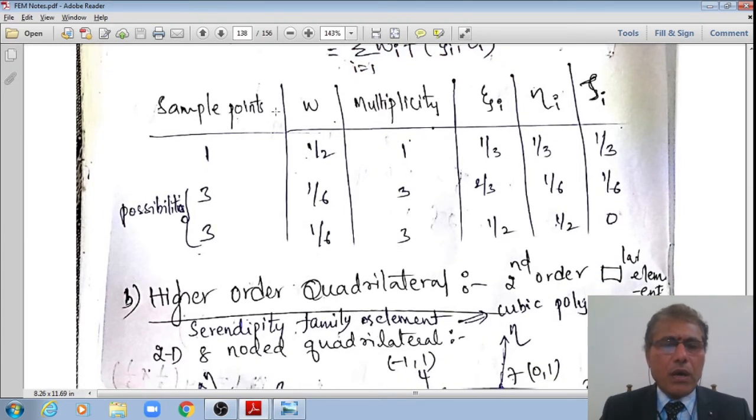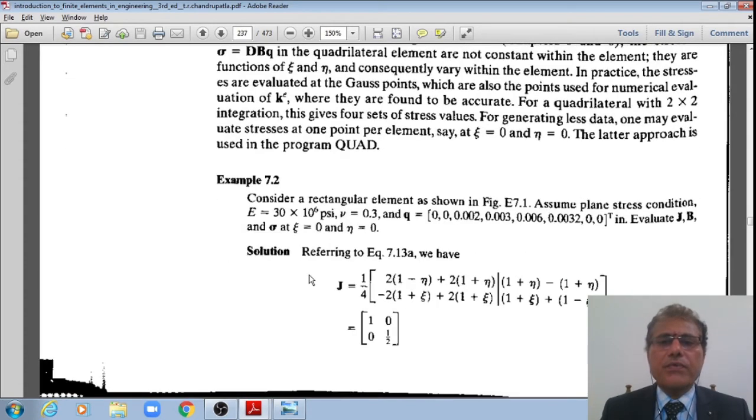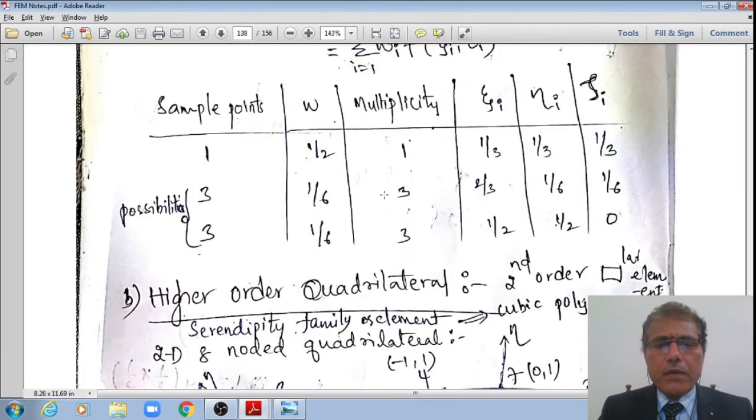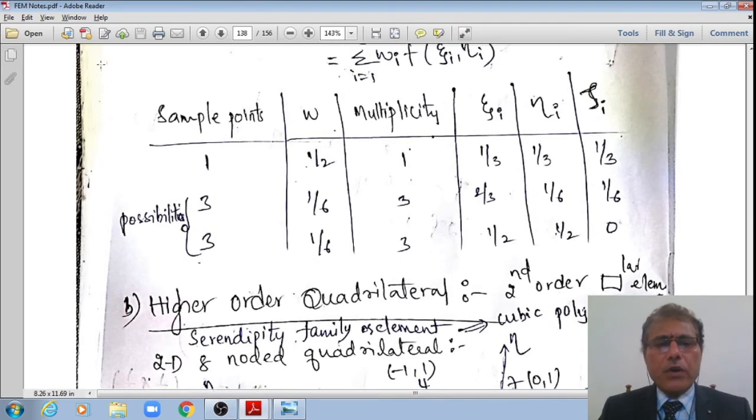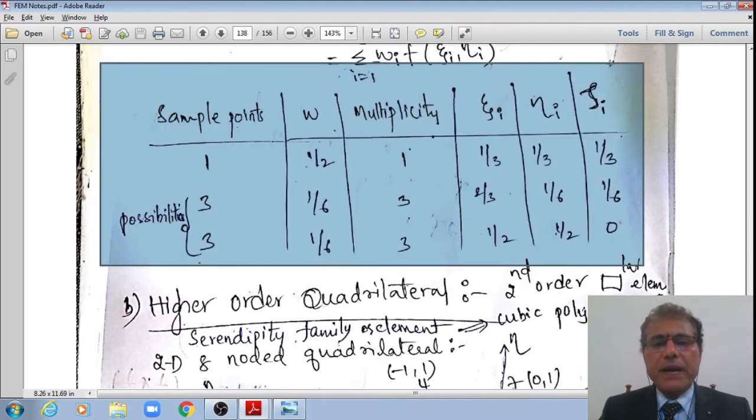Therefore, now the Gaussian quadrature, if I take for this, then I do have these sample points: w and multiplicity value, and xi i, eta i, zeta i, where zeta i is equal to 1 minus xi i minus eta i.